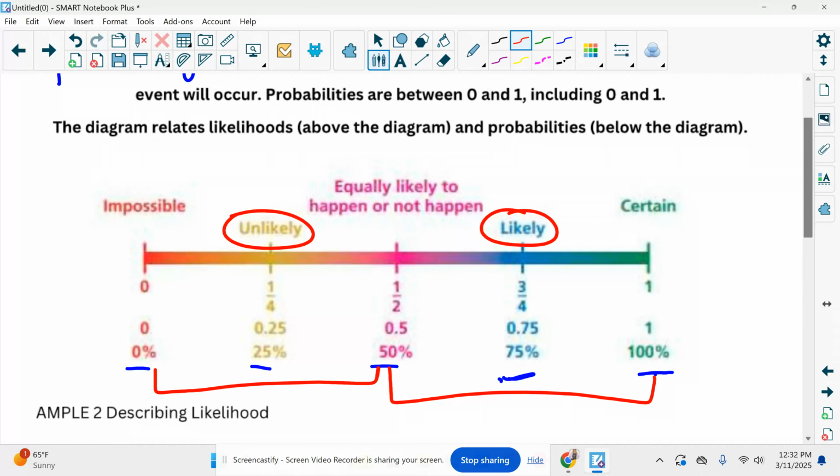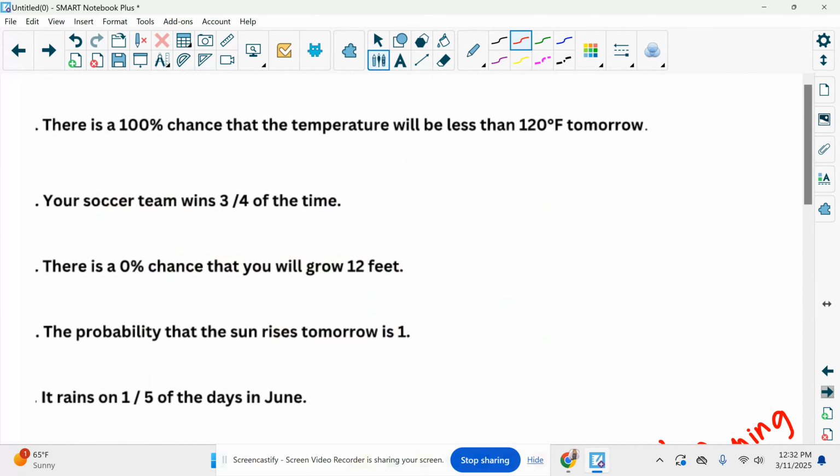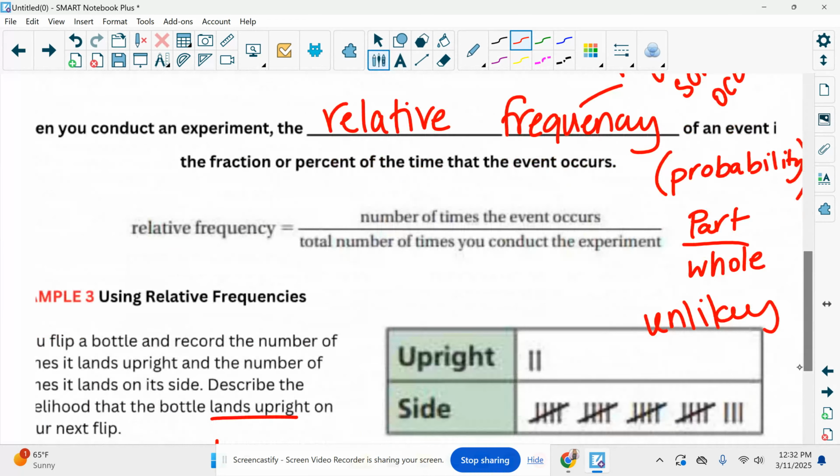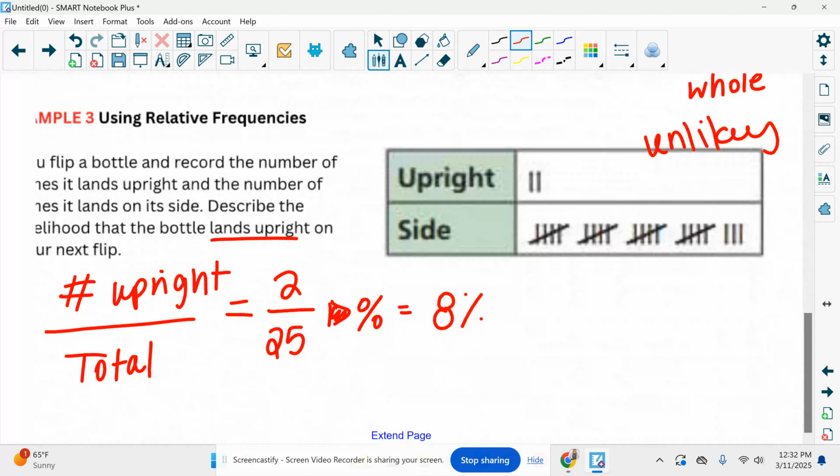So if it's less than 50%, it's unlikely. If it's greater than 50%, it is likely to happen. So since 8% falls under the 50%, it's unlikely that you are going to land the bottle upright.